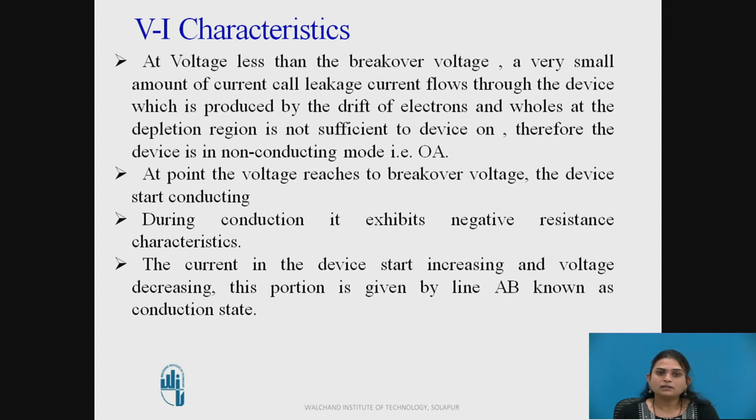When the applied voltage reaches the breakover voltage, the device starts conducting, meaning current starts flowing, and the current in the device keeps increasing while the voltage decreases. This portion is given by the line AB, known as the conducting state.